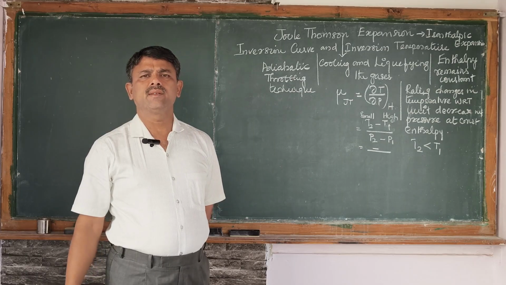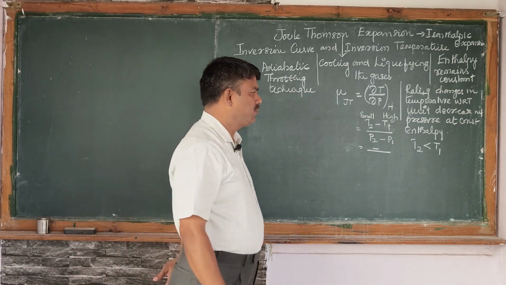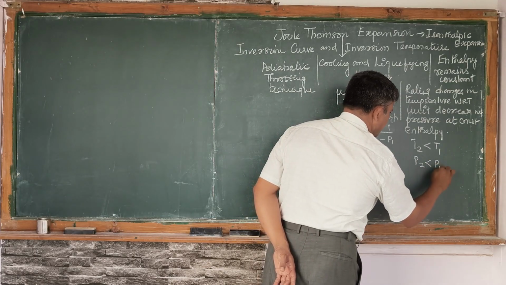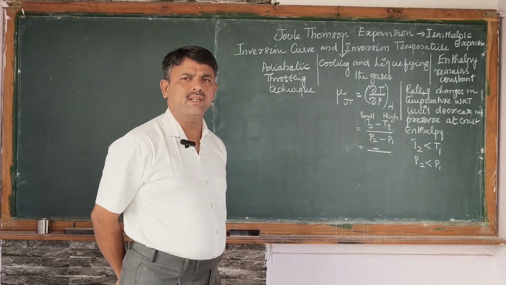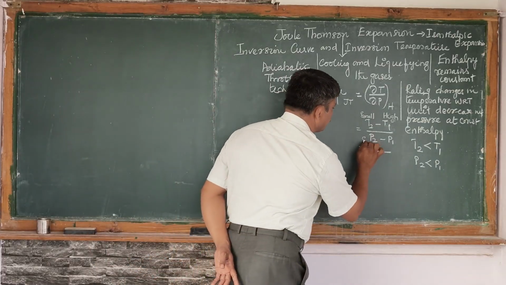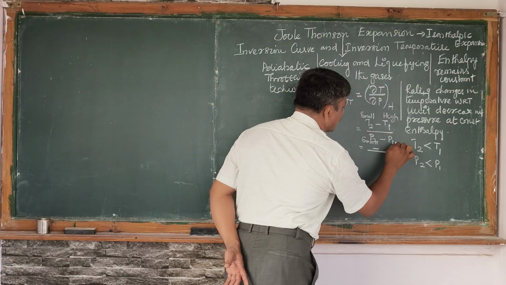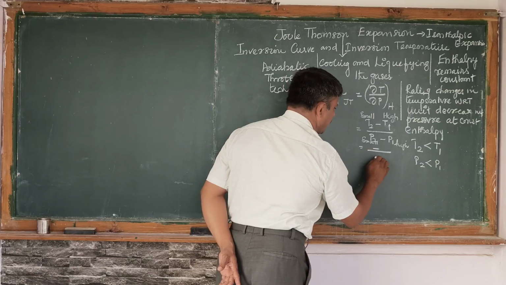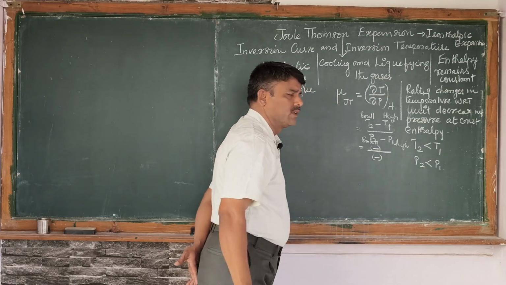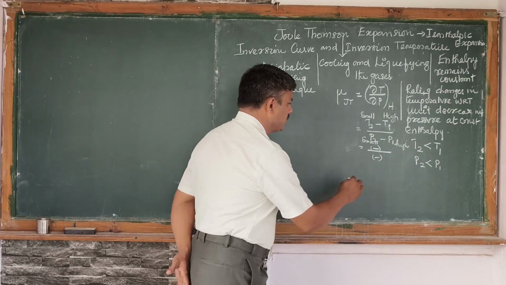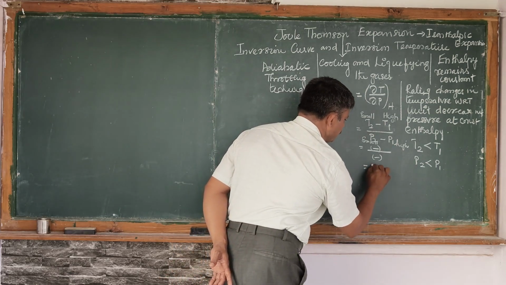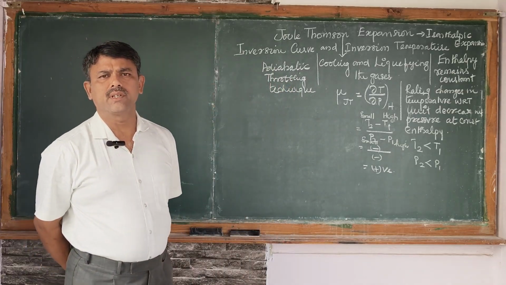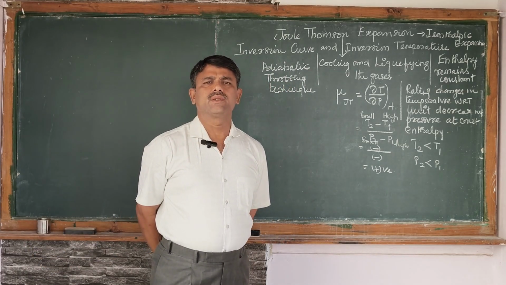Expansion means decrease in pressure, so the final pressure is less than the initial pressure. Small value minus high value is again negative. Negative divided by negative is positive. So the Joule-Thomson coefficient is positive, which means it is a cooling effect.